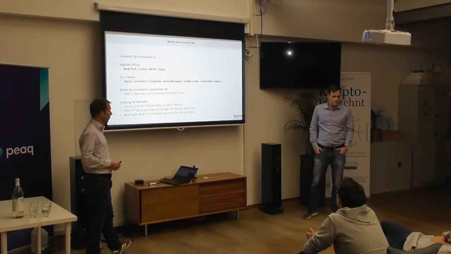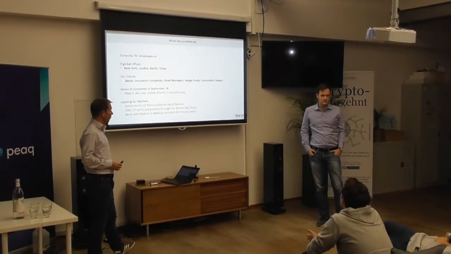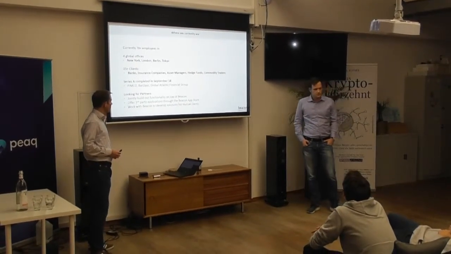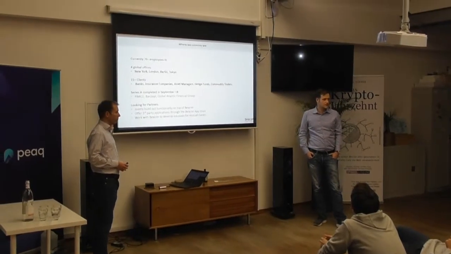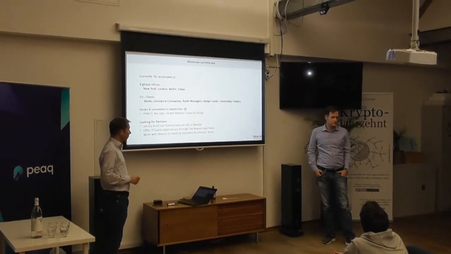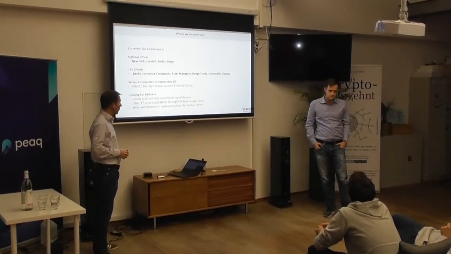And we just closed our first Series A funding, so we were happy to be funded by PIMCO, which is a large investment firm, and then we have Barclays also, and Global Atlantic, which is an insurance company.